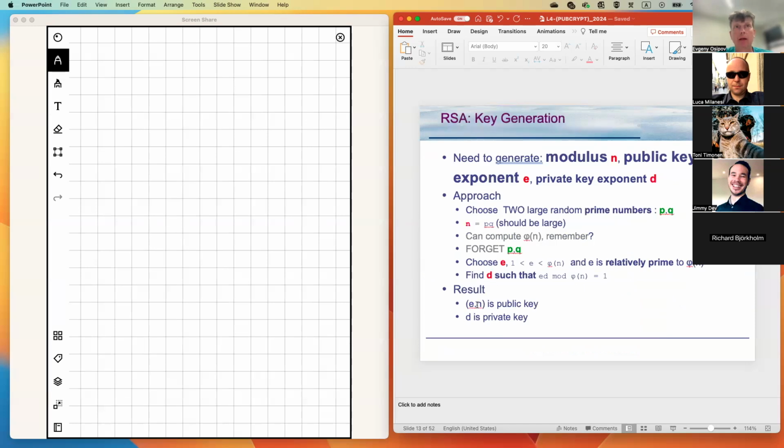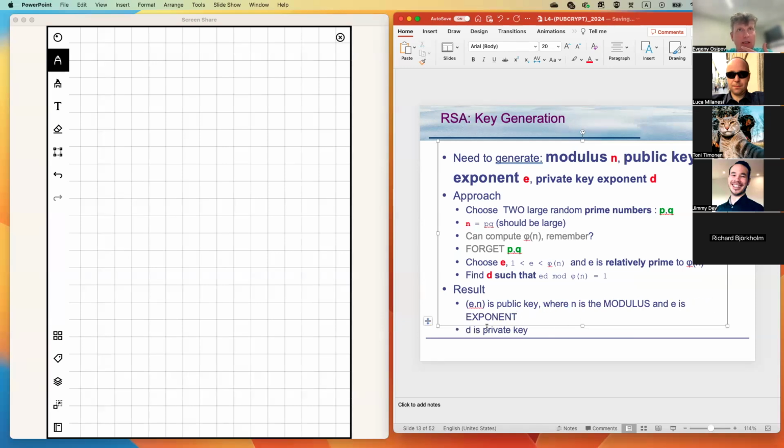So this notation here, well, n is the modulus and e is the exponent.